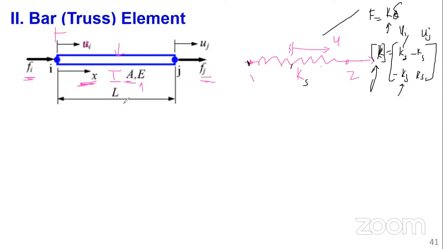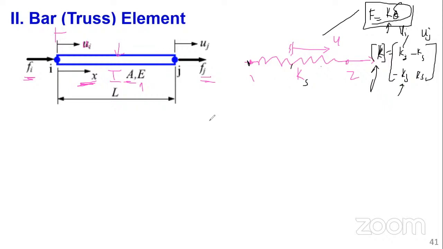In a similar manner, if our bar element behaves in a similar manner as a spring, then we expect still to have something of the sort, K, minus K, if we can express the bar element in this manner by Hooke's law.